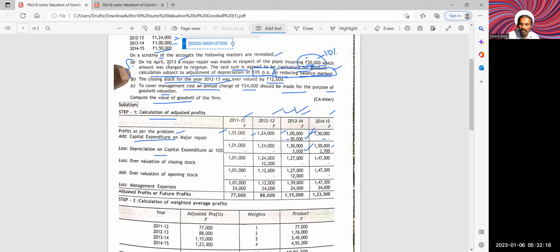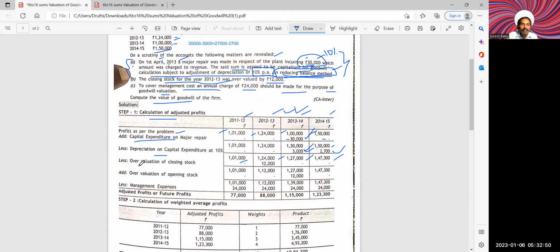In 14-15, 10% of this is to be subtracted, 2,700, because of the reducing balance method. So first year 3,000 depreciation, next year 2,700 depreciation. Pay attention here. Now the balance: 1,01,000, 1,24,000, 1,27,000, 1,47,300. This you remember. Do the revision once again properly.